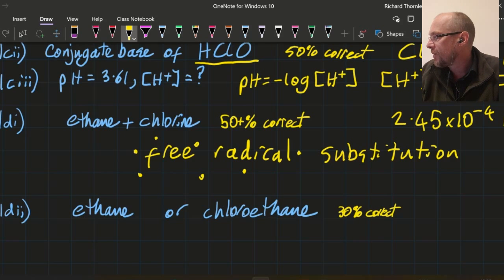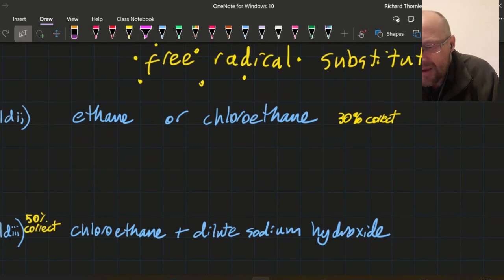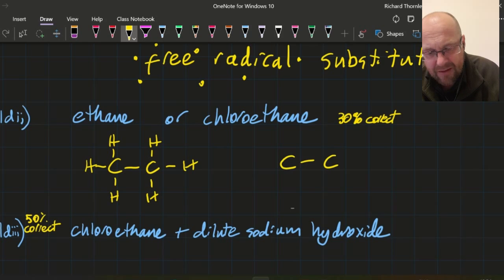Next up, what's more reactive, ethane or chloroethane? 30% correct. I think I just covered that. So ethane is non-polar. That means there is nowhere for anything a little positive or a little negative to attack. No room for electrophiles or nucleophiles to come in. But the chloroethane, well, that has a honking great big chlorine at one end, doesn't it?